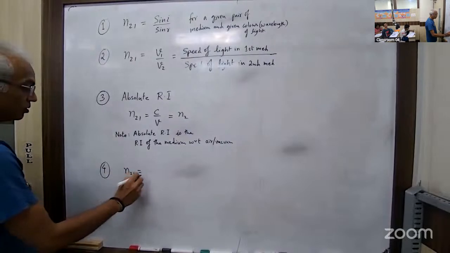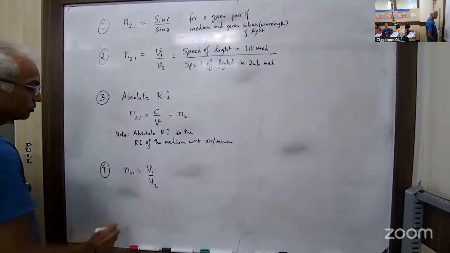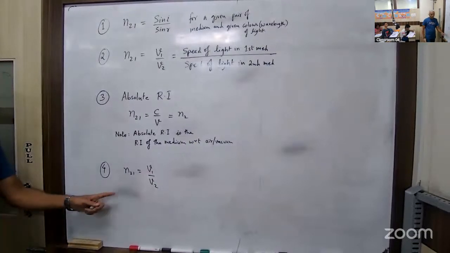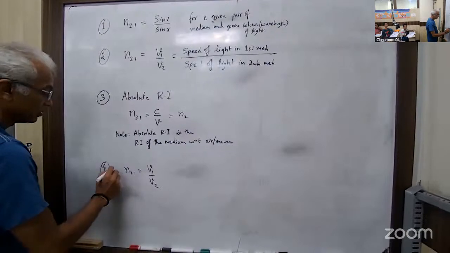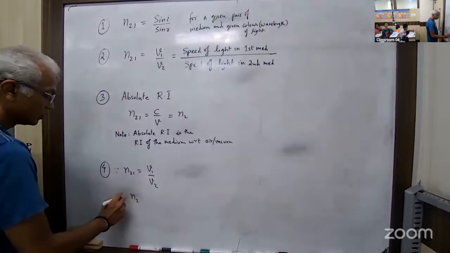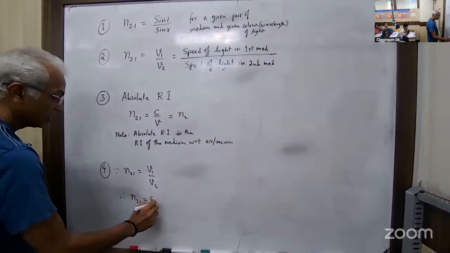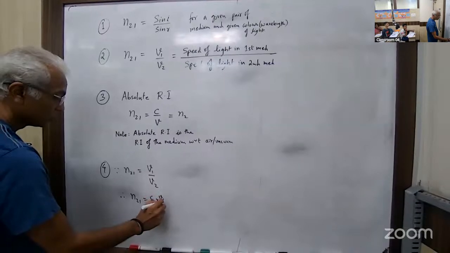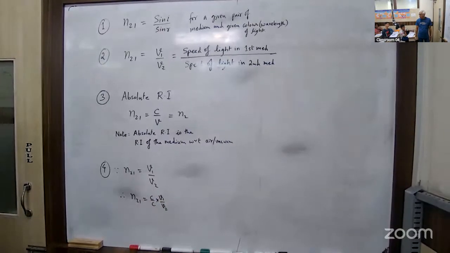N21 is equal to V1 by V2. Right? So, you can multiply and divide by C. Okay, you can do this.